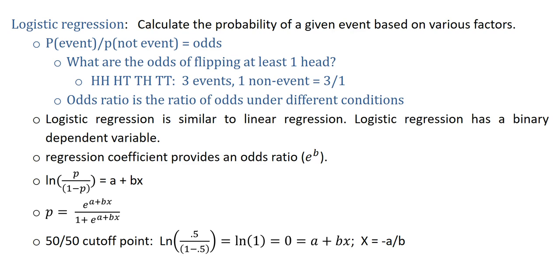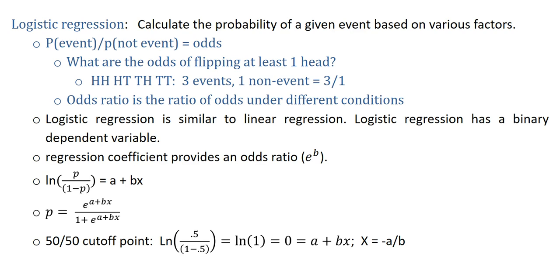You can solve for p and find the probability of a particular event given a particular condition with the formula e raised to a plus bx over 1 plus e to the a plus bx. So that's the regression formula exponentiated in this fashion.